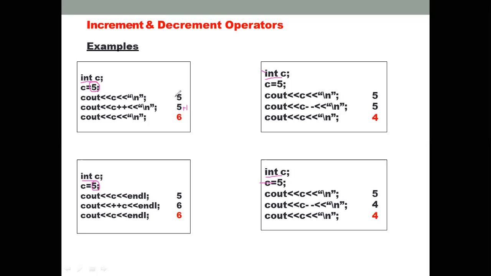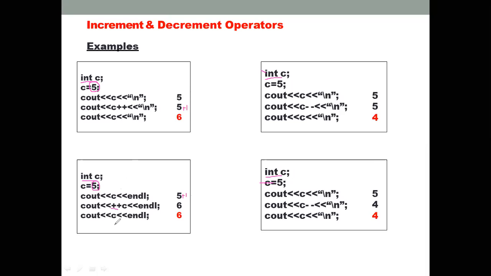Then the output says C, and here the ++ is in front, which means that if ++ is in front, you will add +1 at this stage. So 5 + 1 will be 6 here. So these are the differences.